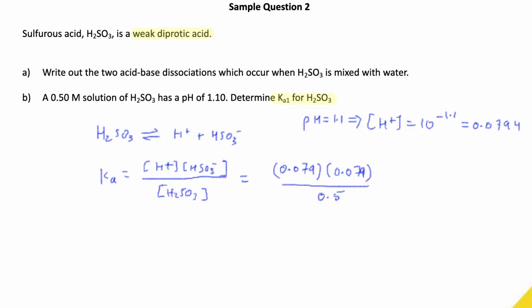Because while we may have some amount x dissociating, this amount is so small that for all practical purposes, it's still 0.5. Okay, so now if I do the numbers, 0.079 squared divided by 0.5 is going to give me 1.25 times 10 to the minus 2.